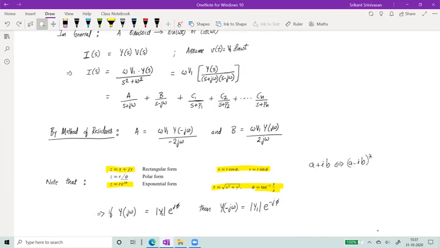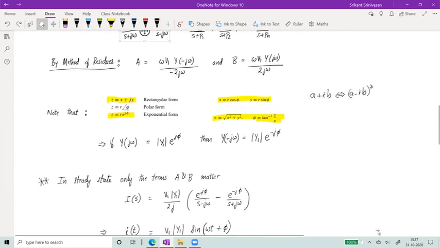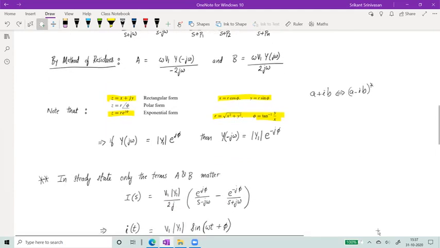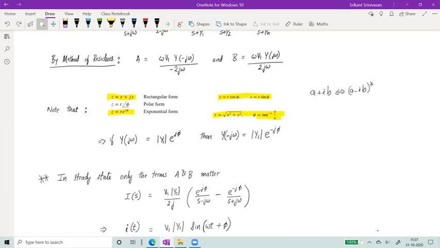And what I'm saying is that I have only these two terms. So for a by s plus j omega and b over s minus j omega. And I said the b term is y of j omega given by y1 into e power j phi. So that's y1 outside into e power j phi by s minus j omega, which was the b term, minus e power minus j phi by s plus j omega. Okay, because a had a minus in the denominator, so that became a minus sign over here.